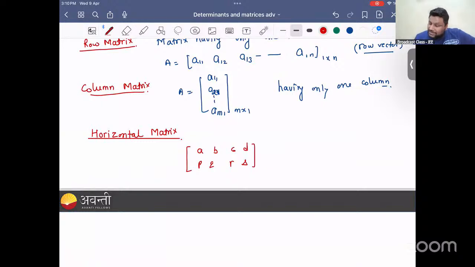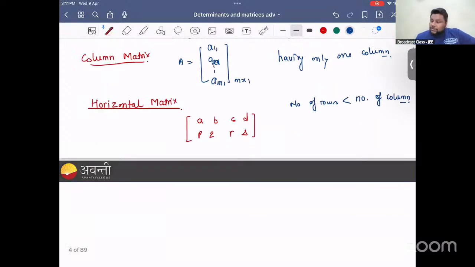So in a matrix having 1, 2 rows, the number of rows is less than the number of columns.